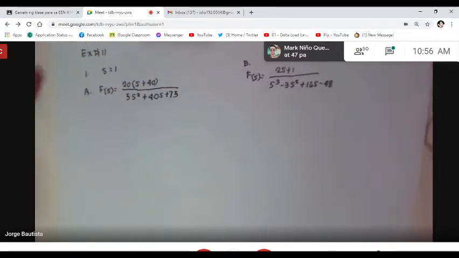So we have 20s plus 40 over 5s squared plus 40s plus 75.